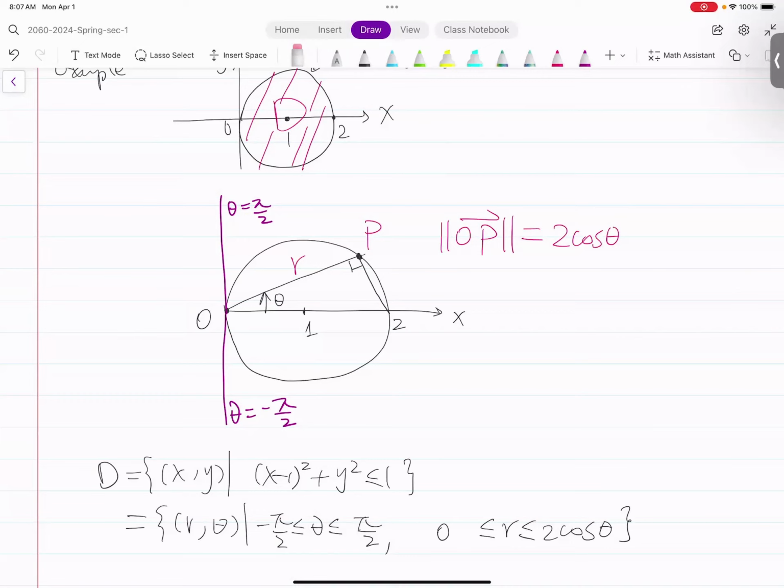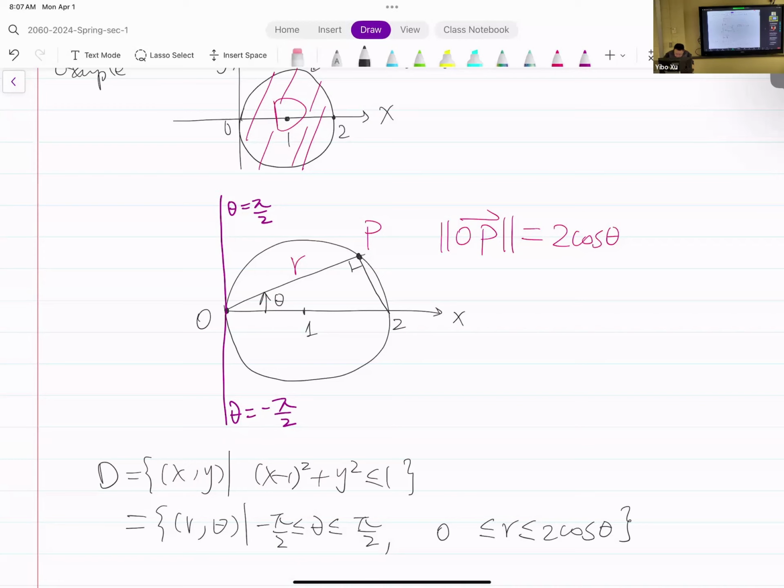Any questions so far? Let me quickly mention that this is not the only way to get the full description of the disk right here.